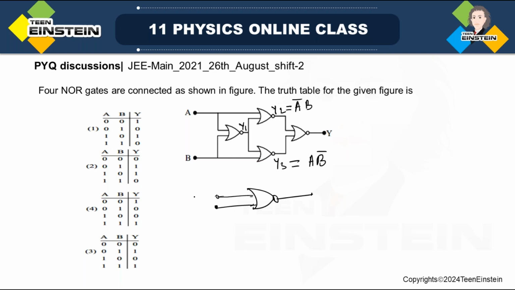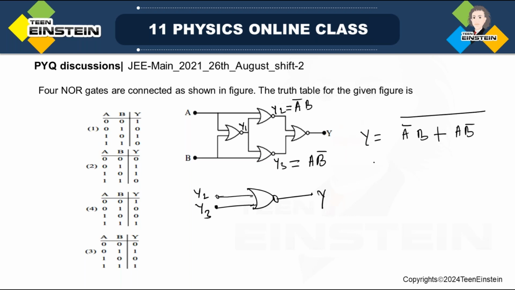See, this is y2 and this is y3, right? And here I will get y. So y is equal to (a bar b) or (a b bar), whole bar of that.